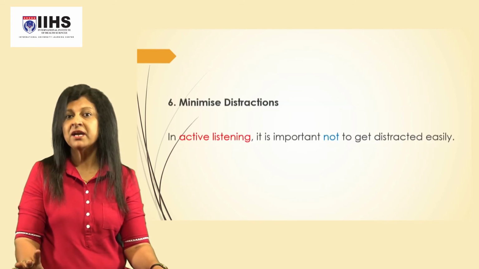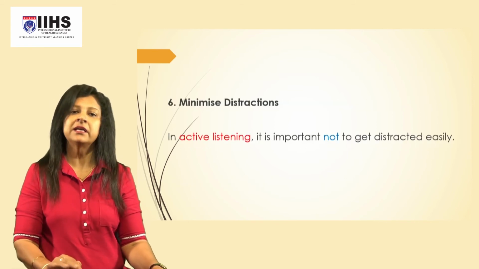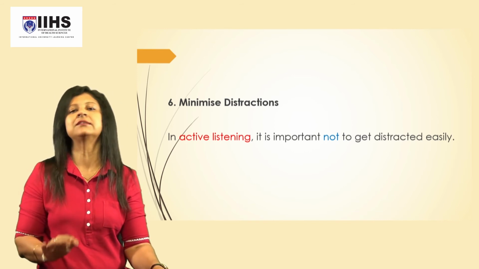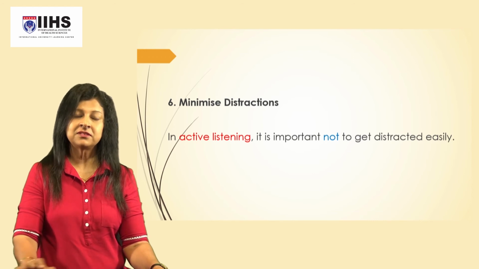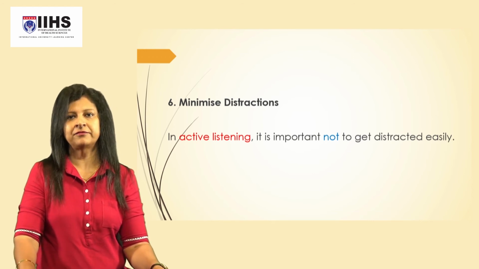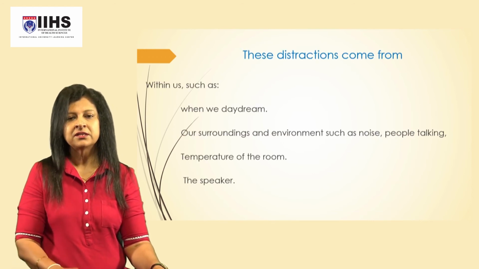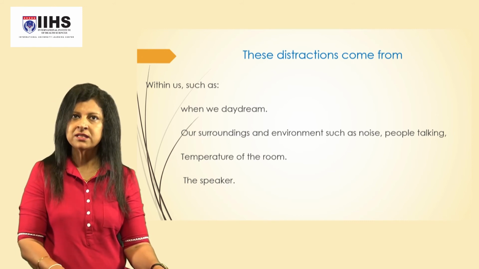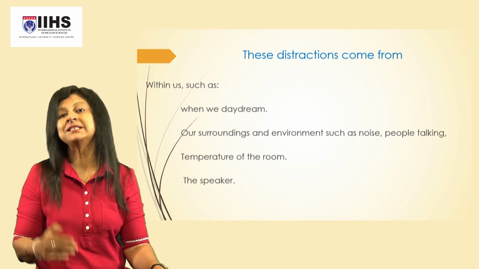And also minimize distractions. As I said, in active listening it is very important not to get distracted easily. So this is a very important factor. These distractions come to us whenever we daydream.